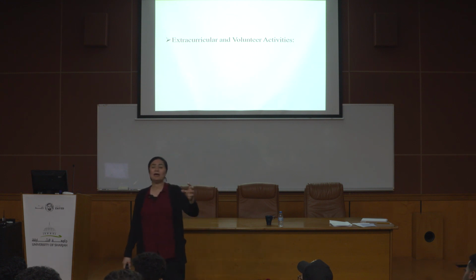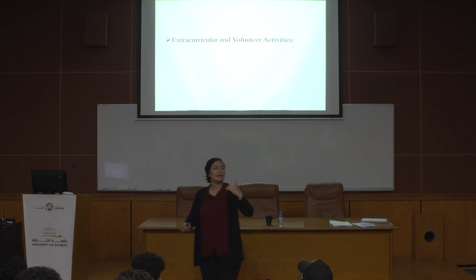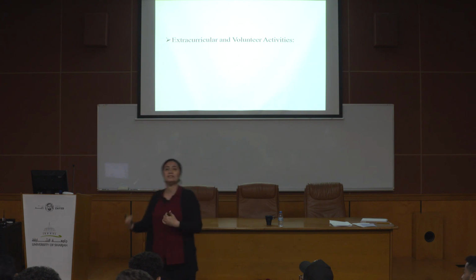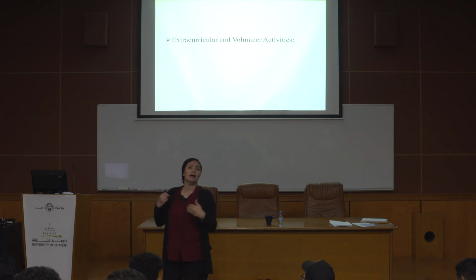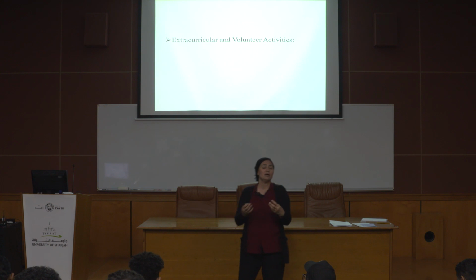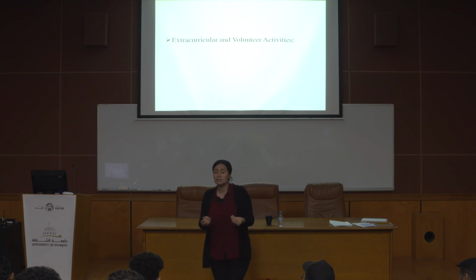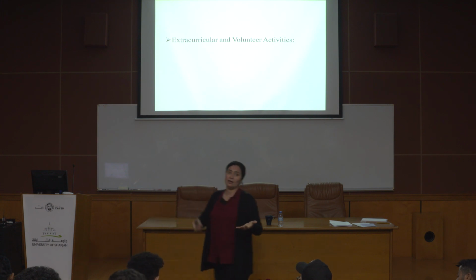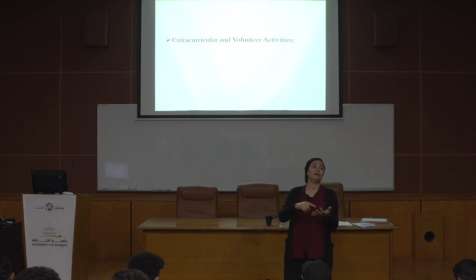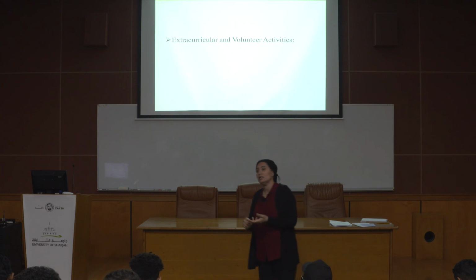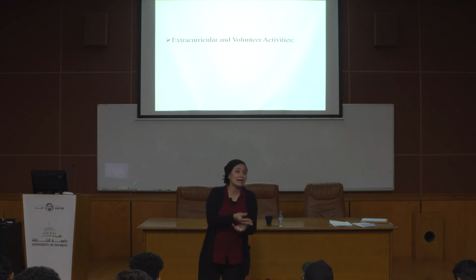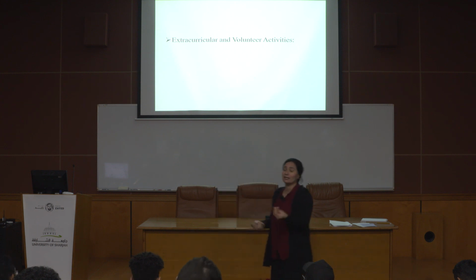I am a member of the football team, the basketball team, the volleyball team. I got first place in swimming. By writing this evidence, you show that you are a teamwork player, that you are easygoing, that you are flexible. You tell all this information through facts, not just generic expressions.